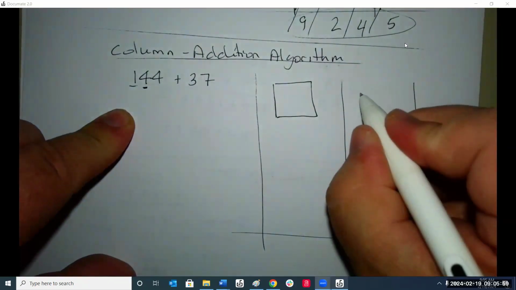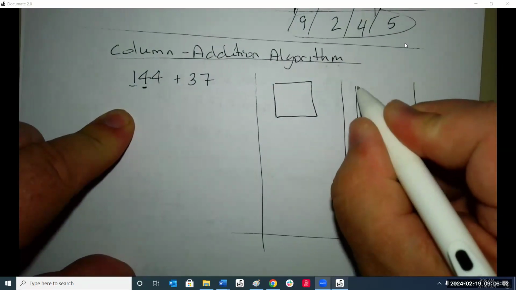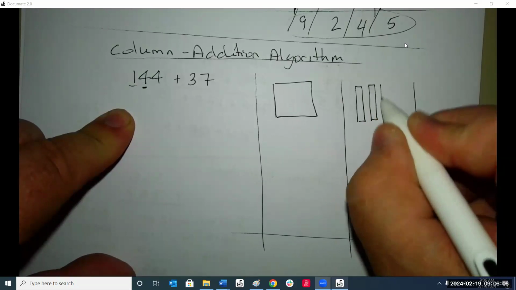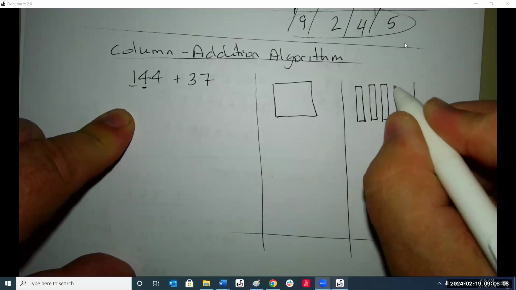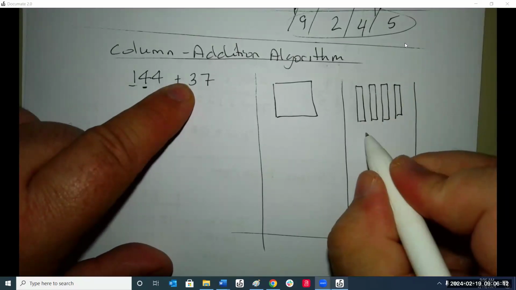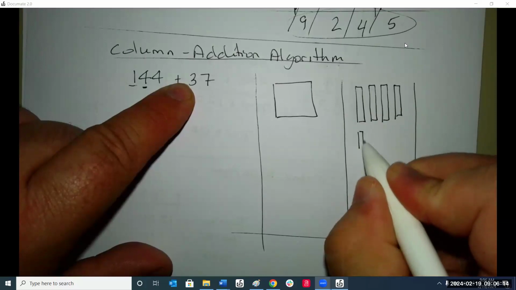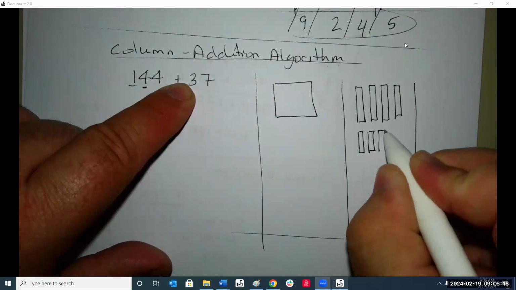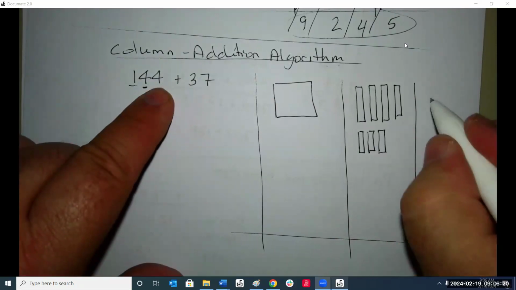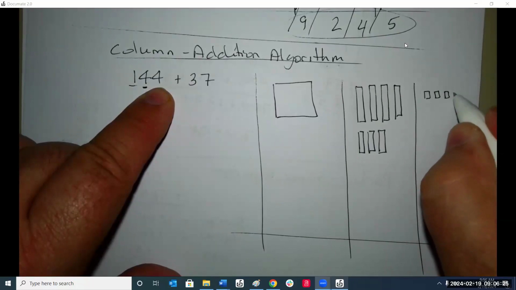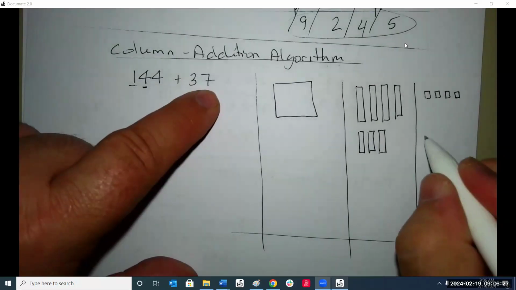In the middle column, we have those 4, those 3, these 4, and these 7.